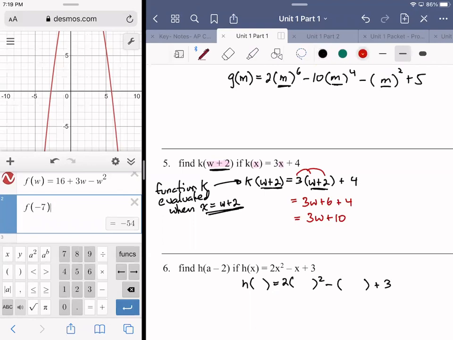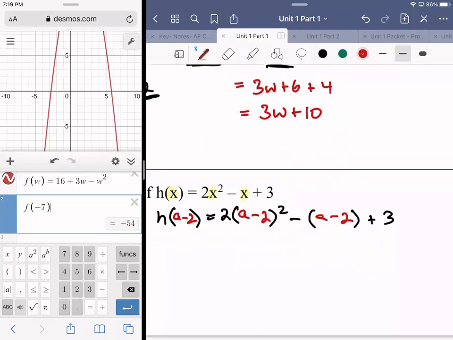Normally it would be a value, but in this case, it's an expression. They're telling us that x is the same as a minus 2. So everywhere I have an x, I'm going to replace it with an a minus 2. And then because the directions told us to simplify, we will.